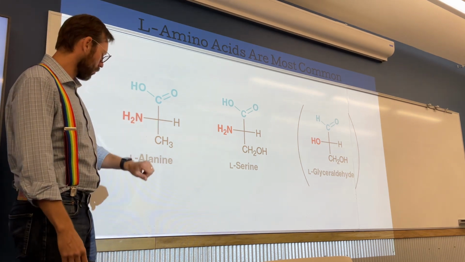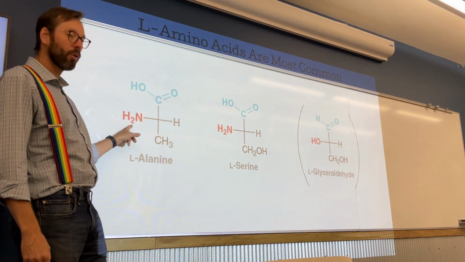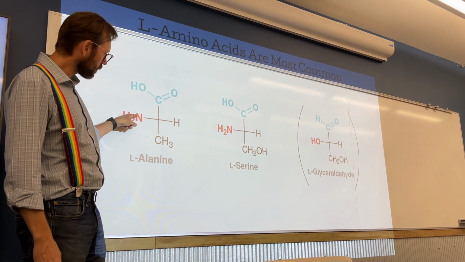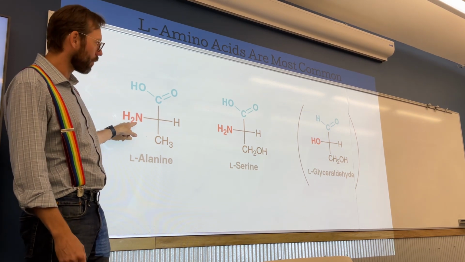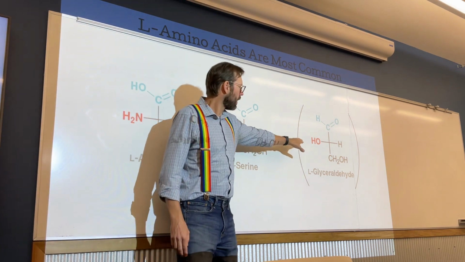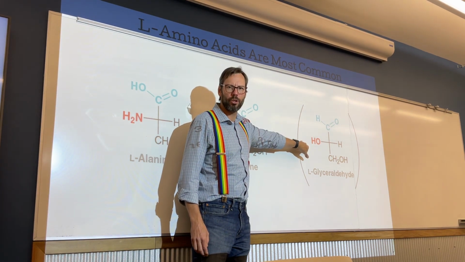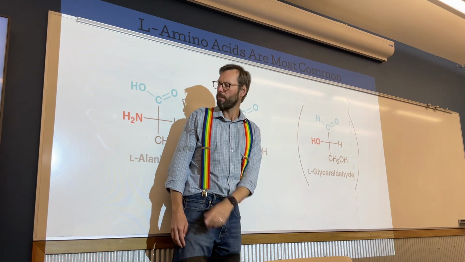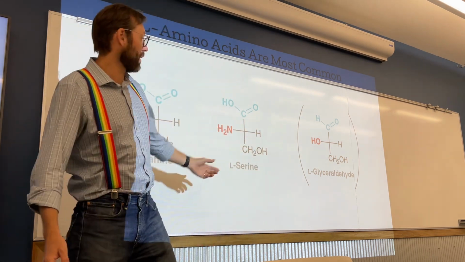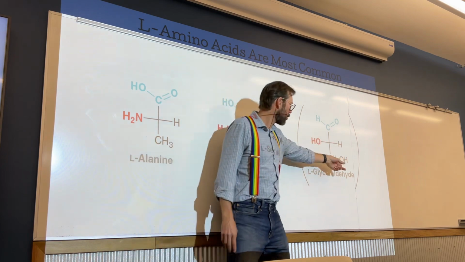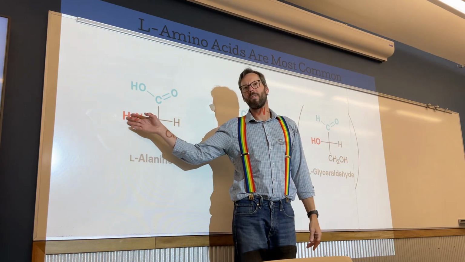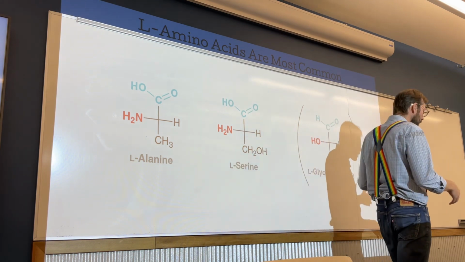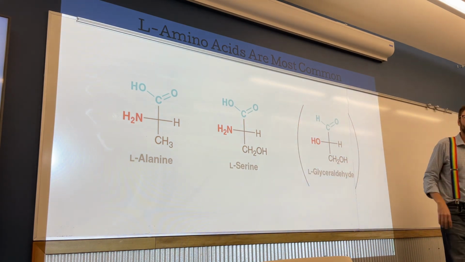L-amino acids just refers to the amine group that is on that chiral carbon. And it's analogous to the sugars, right? So this hydroxyl group on the sugar is D. Here, well, in this case it's L, but most of the sugars are D. Most of the amino acids have this L. And again, it's unknown why that is the case.